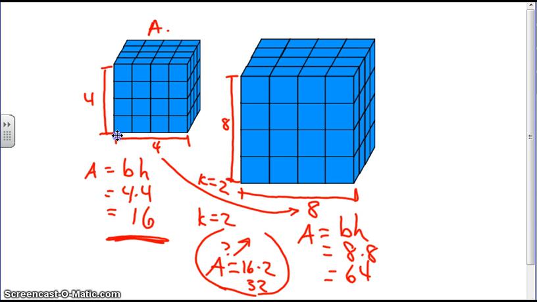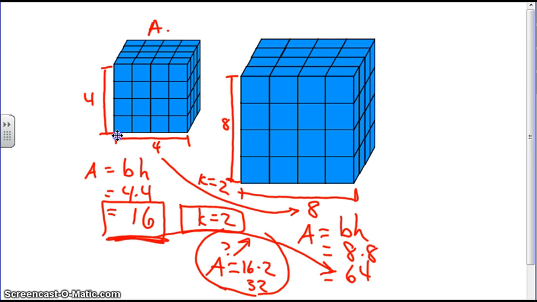Isn't that interesting? So the scale factor of 2 is related to the factor we need going from 16 to the area of 64, but we can't just multiply by 2, can we? We are going to have to multiply by 2 times 2.